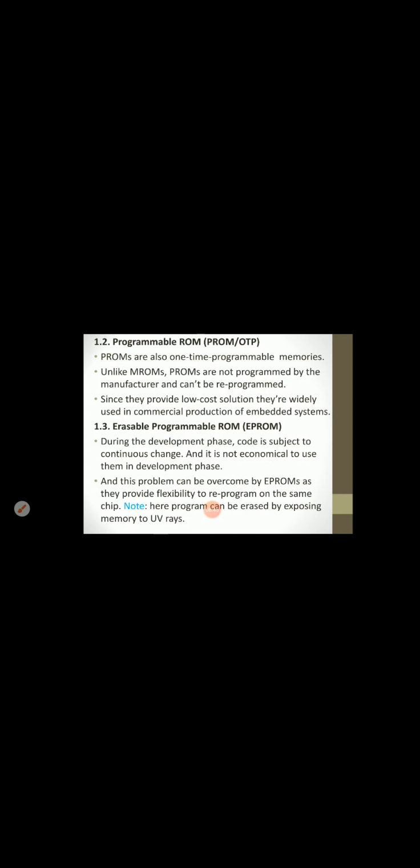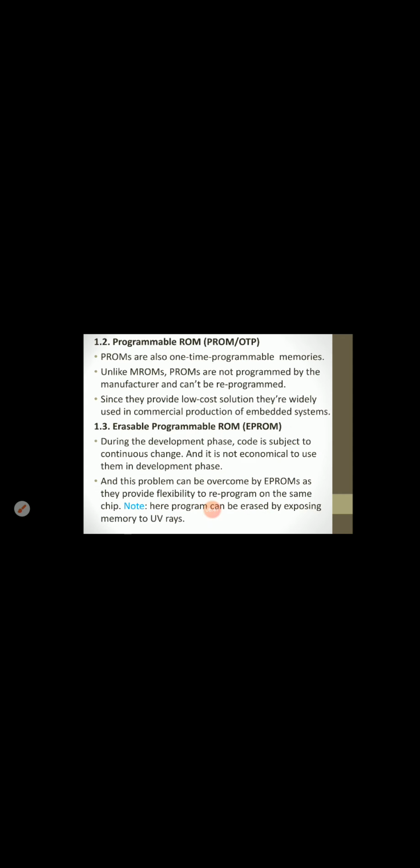For the programming of this ROM, they use a technology called hardware technology. That is very important, and you cannot reprogram this MROM, that you should remember. As the third point says, these MROMs cannot be reprogrammed. So this is about the MROM.